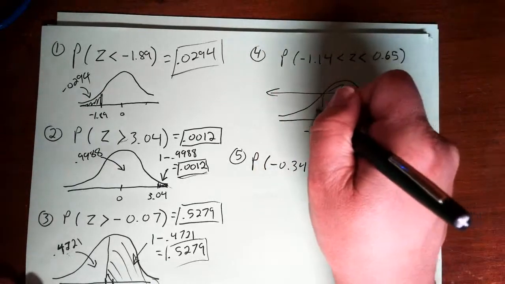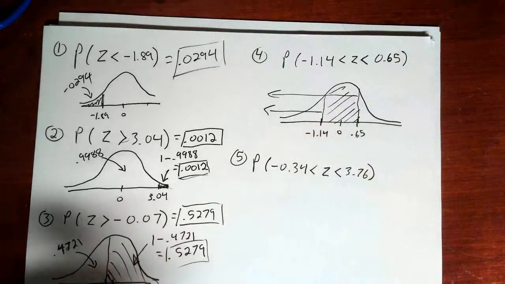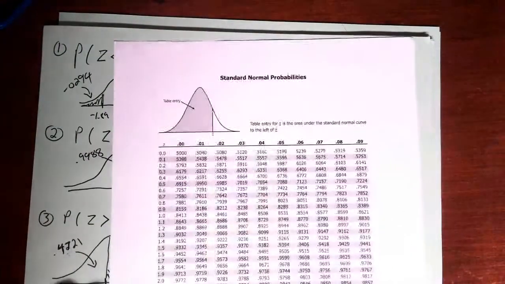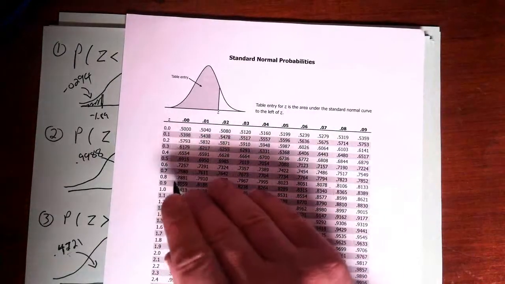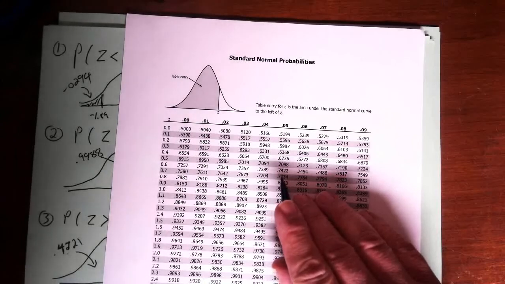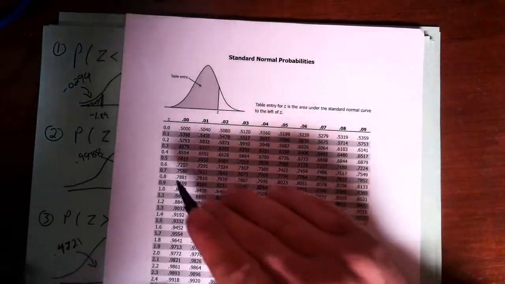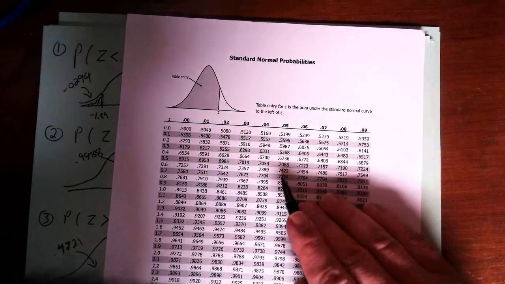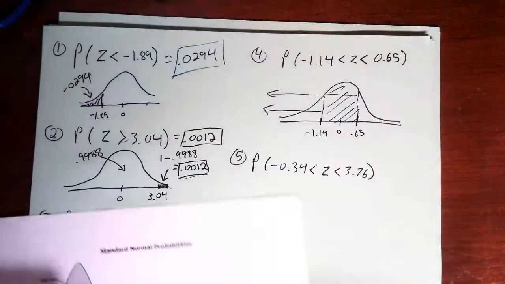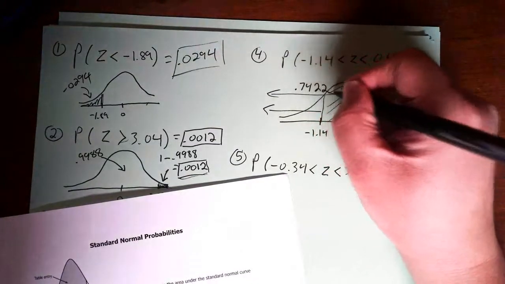So I look up both z-scores and I subtract the two areas. So I look up 0.65 on the positive, 0.65, and I get 0.7422.